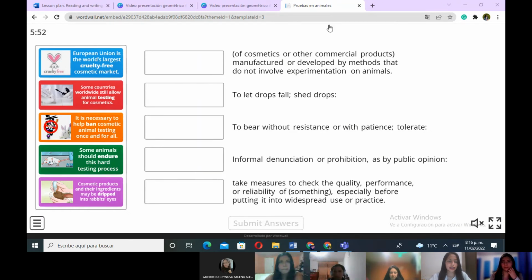The first phrase that we have is: European Union is the world's largest cruelty-free cosmetic market. According to cruelty-free, what is the meaning of cruelty-free?